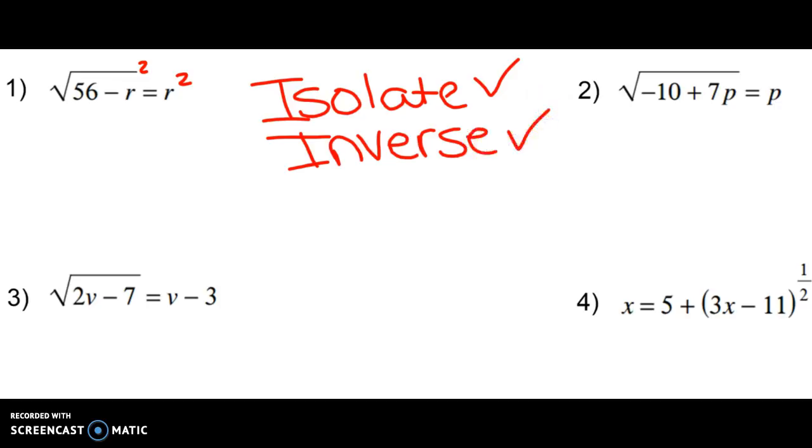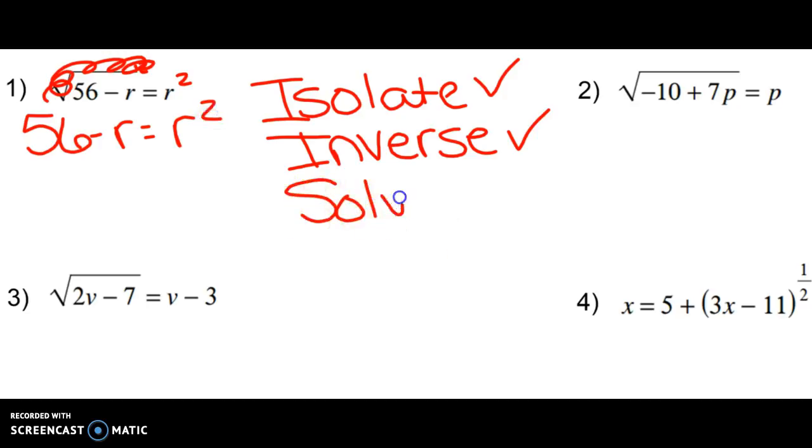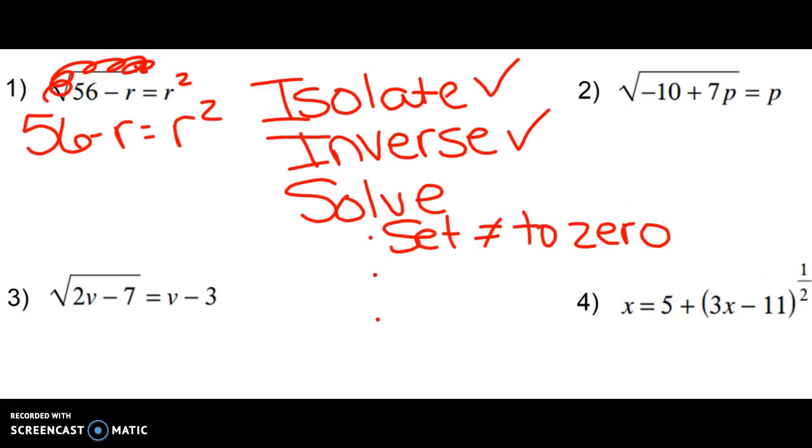All right, the square root and the square are going to cancel each other out, and we're left with 56 minus r is equal to r squared. And now we're going to solve the equation. Now, when you're doing a quadratic, there's some extra little bullets that we might want to take care of. Okay, you want to set one side equal to 0. So this is a little bit special, so I'm just going to put some sub-captions in here.